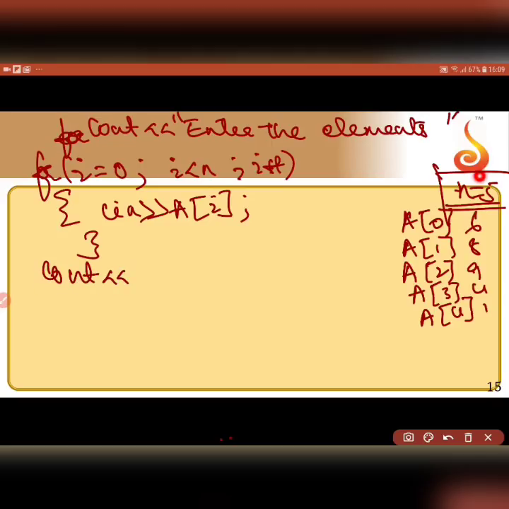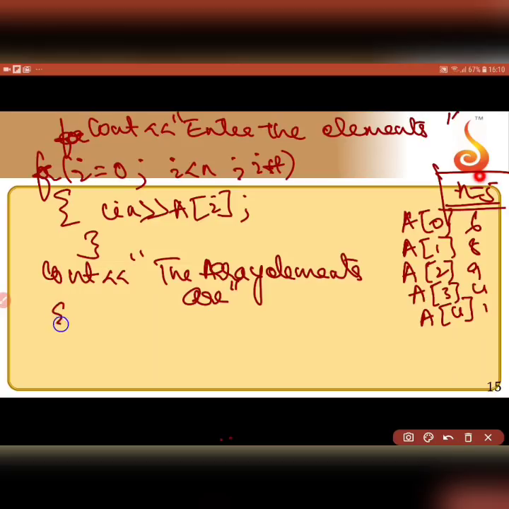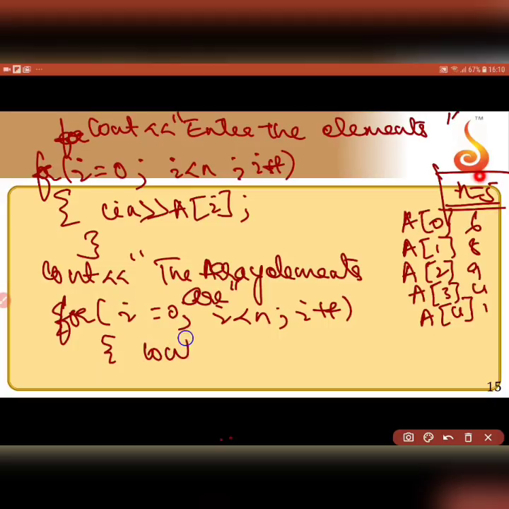Cout, the array elements are. So I will say for i is equal to 0, i less than n, i plus plus, cout a of i. Yes.